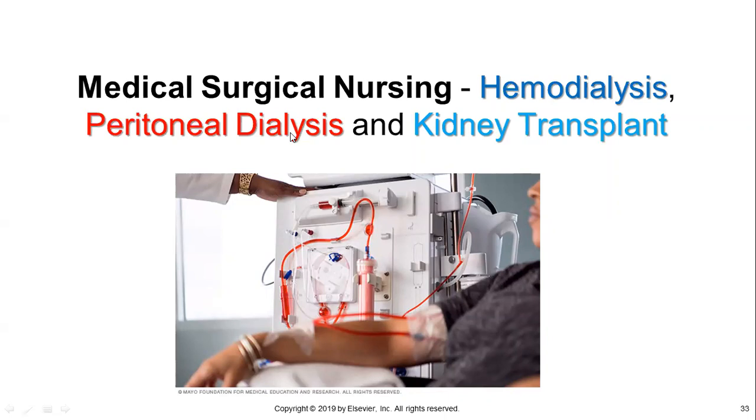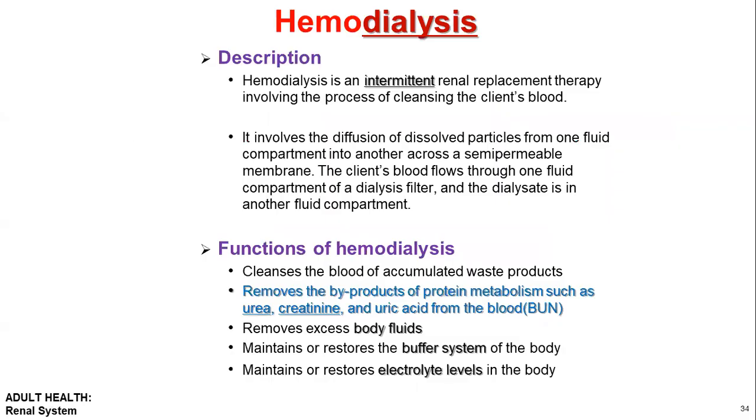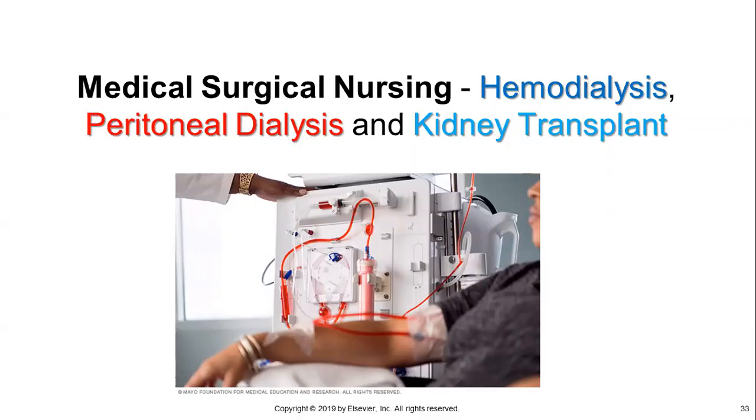The two types of dialysis: one is hemodialysis and another is peritoneal dialysis, right? Here we are going to talk about hemodialysis first. But hemodialysis or peritoneal dialysis, both are dialysis of the kidney.